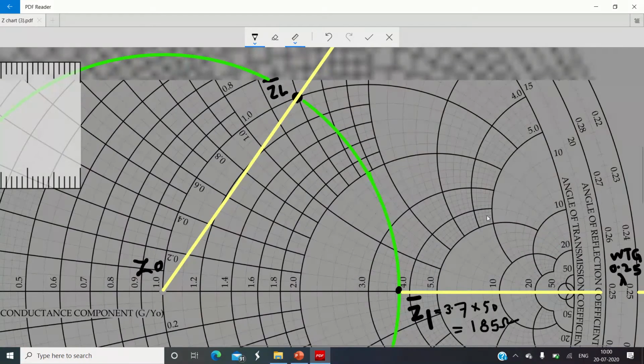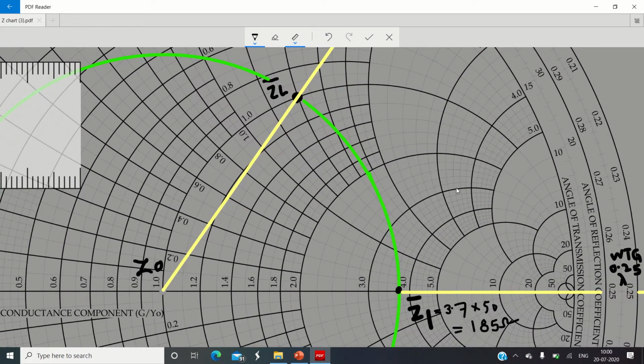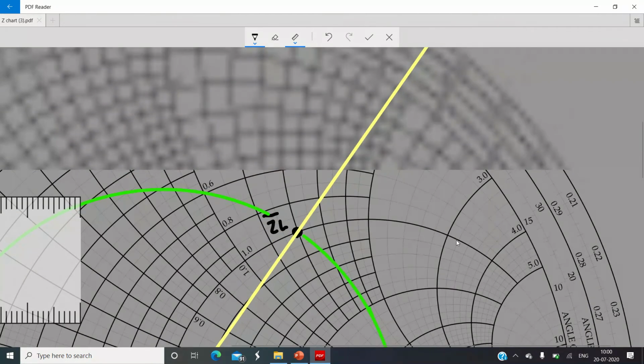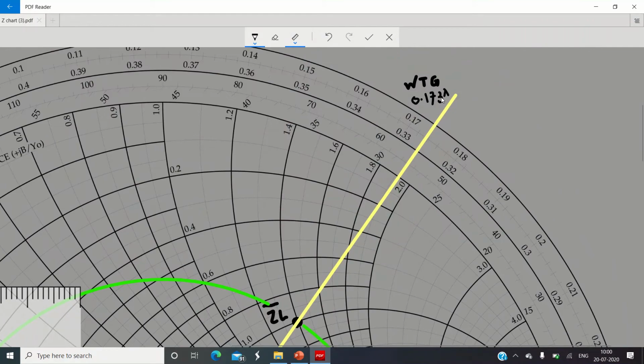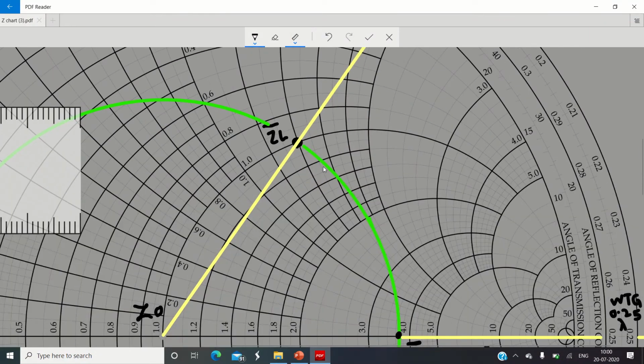Okay, so what is the length of the transmission line which will convert this complex load impedance to the real load impedance of 185? You need to simply take the difference of 0.25 and 0.173. So here I will mark that length of the transmission line.